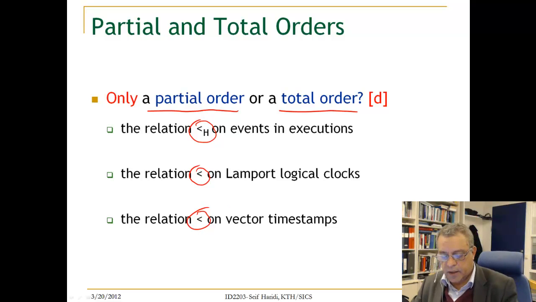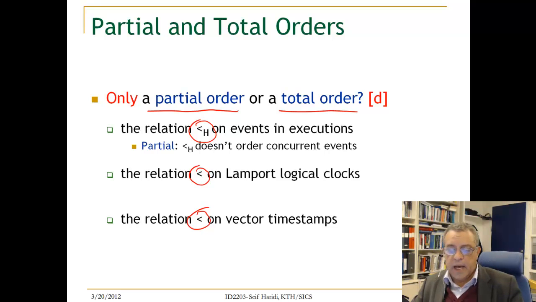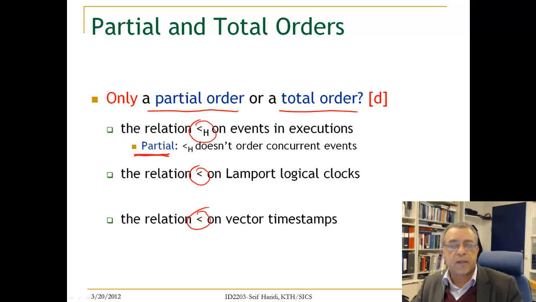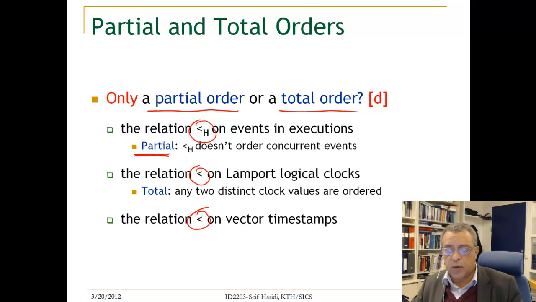And here is the answer. The happened-before relation is a partial order relationship because it does not order concurrent events. The Lamport logical clock is a total order because we break the ties using process or node IDs, so any two clocks can be compared. But it doesn't tell us so much.